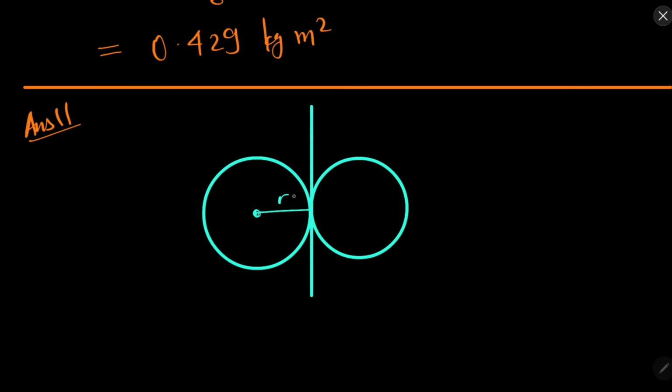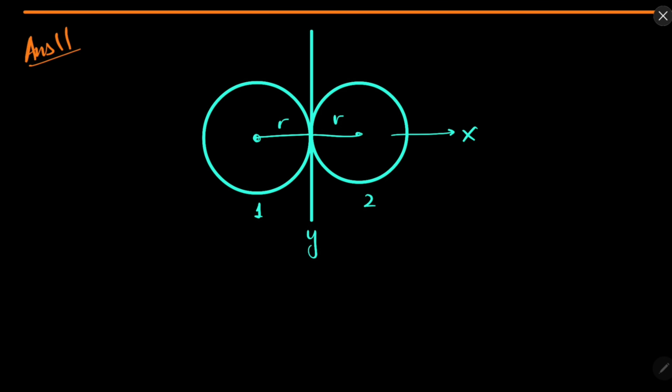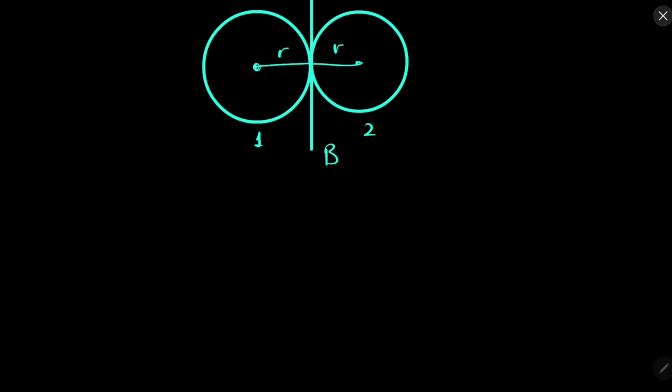Radius is same, okay, radius is same. First sphere, second sphere. Let's not use x or y-axis, let's just use this axis only. Let's say the name of this axis is AB, AB axis.